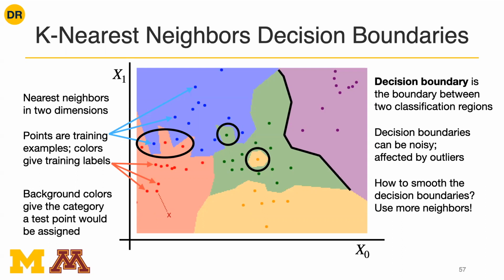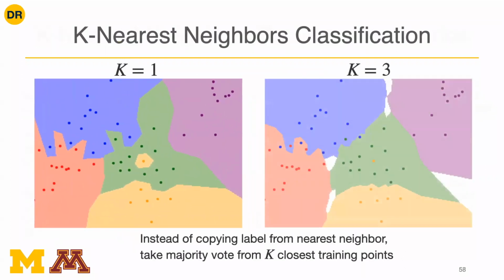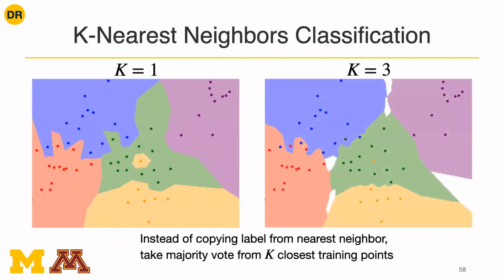And in order to smoothen the decision boundaries, you have to increase the k. For instance, that is k equal to 1. What you're seeing here is k equal to 3. You can see that there is a smoother decision boundary with k equal to 3, because you're looking at multiple labels to figure out what your label is.